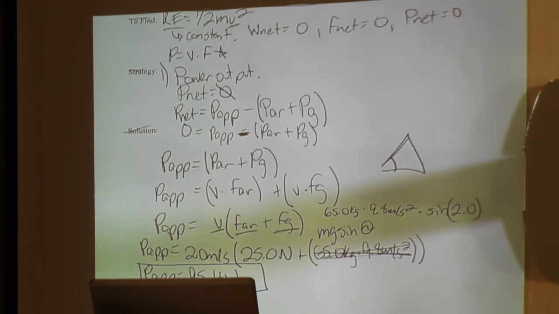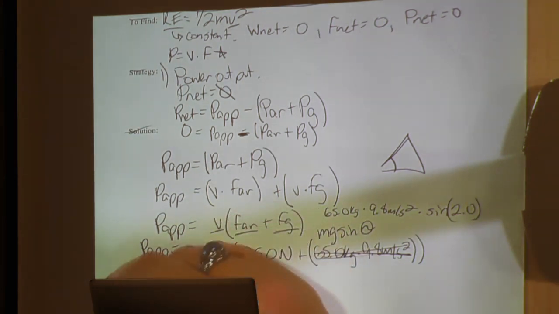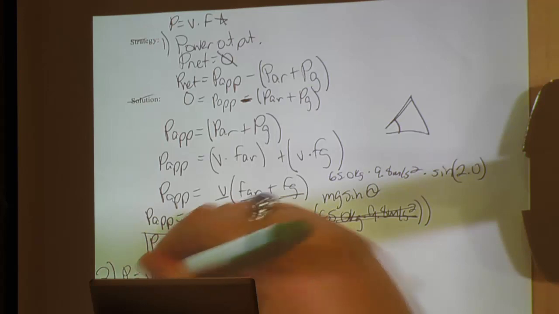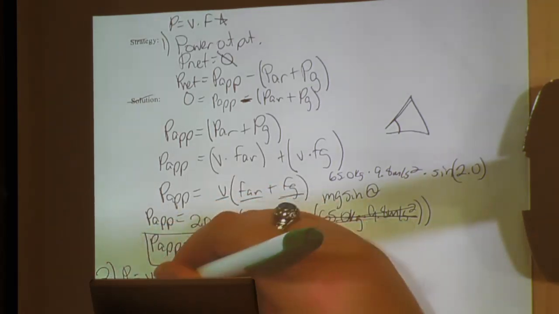All right, so then the next question was to find the force applied. So what average force does he exert backward on the snow to accomplish this? So we're going to use the applied force. We know that our power equation we just talked about is equal to velocity times force. So the power applied is equal to velocity times force applied.